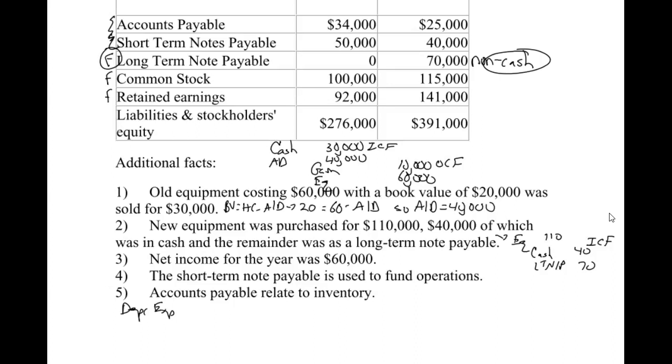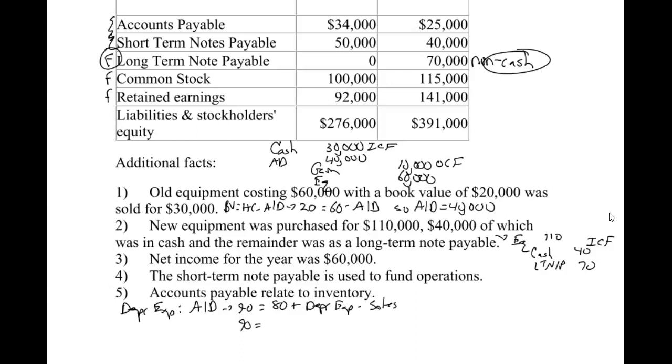Remember, when we're doing that, we're really dealing with the accumulated depreciation account. All right, so the ending balance is 90,000. How did we get to 90,000? Well, we started with 80,000. We increased that account for all of our depreciation expense, and then we subtracted it for any sales that we had during the year, because remember, we backed out accumulated depreciation.